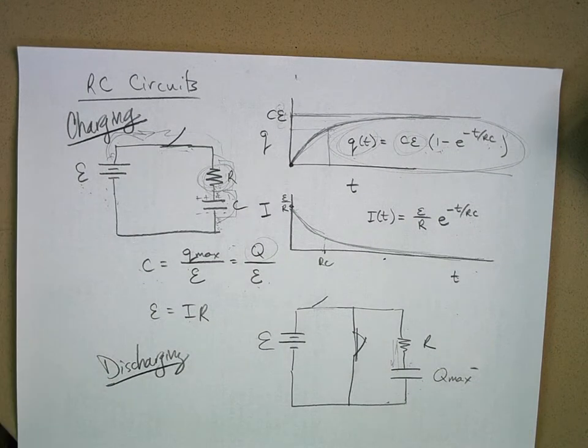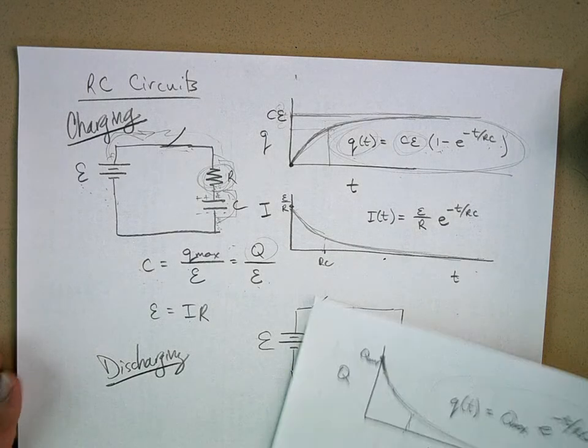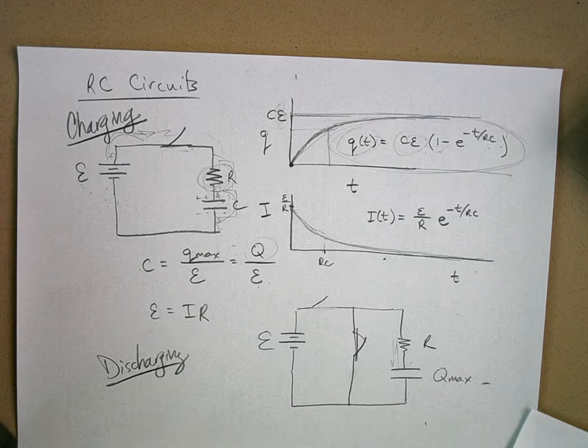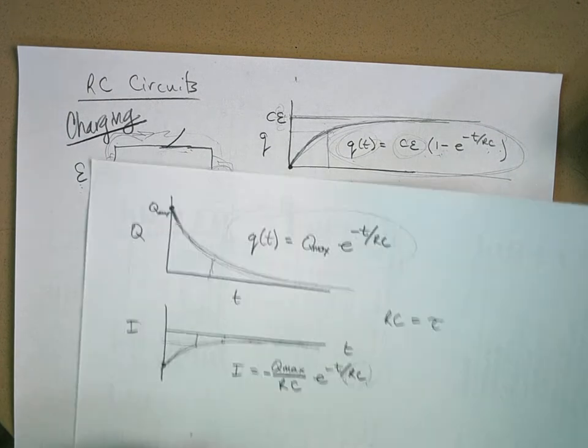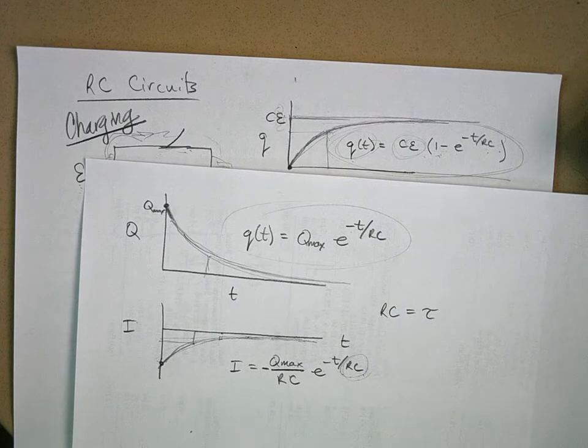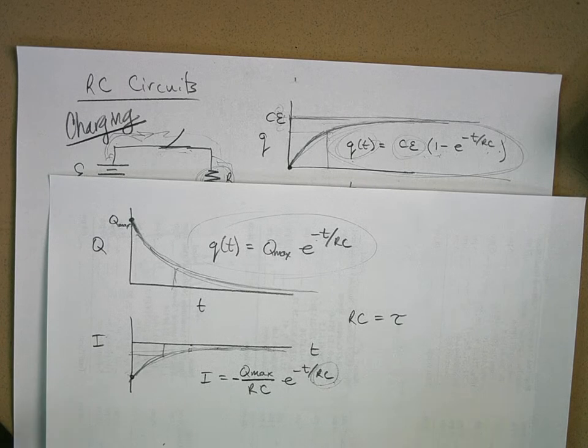So on the test, you'll have a charging or a discharging capacitor, and you'll have to figure out what the maximum currents are, what the maximum charges are, and how much time it takes to lose a certain fraction of it. Like, let's say, how much time would it take to lose half the charge?